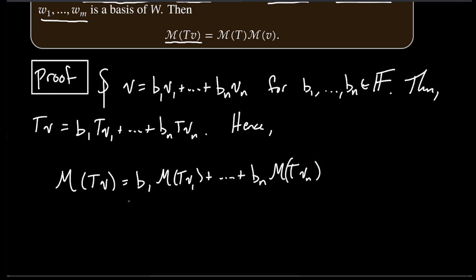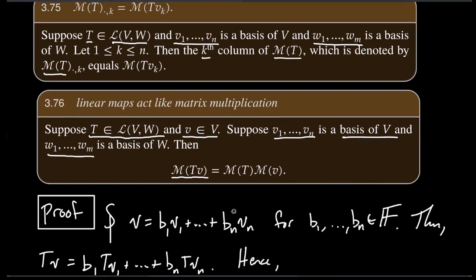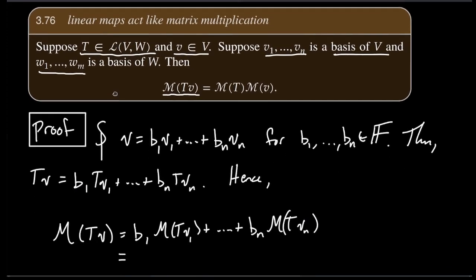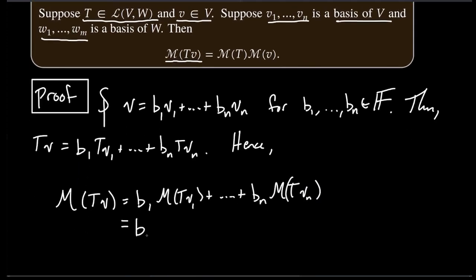Easy enough. But hey, the matrix of T(v1), well, we know that's equal to the matrix of T's first column. Oh. So the first column, M(T)_{·,1}.